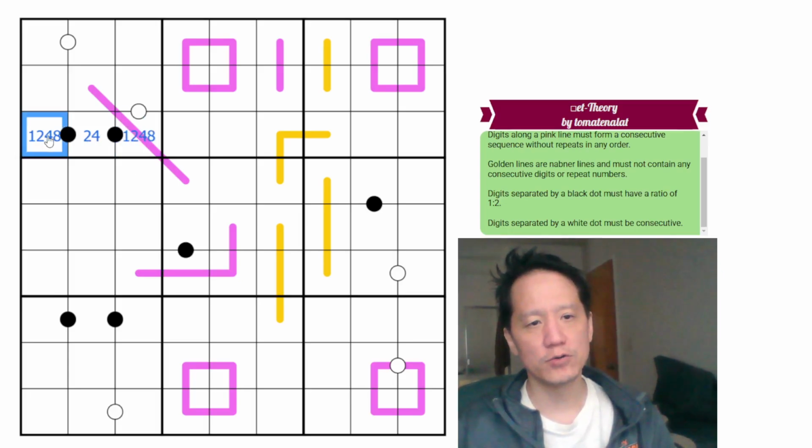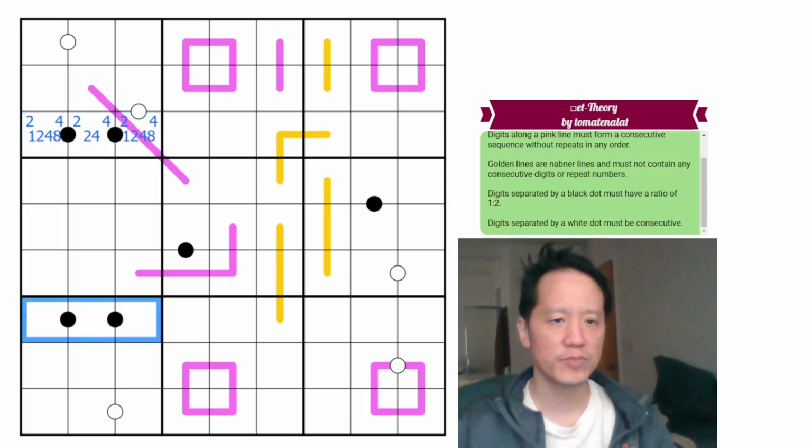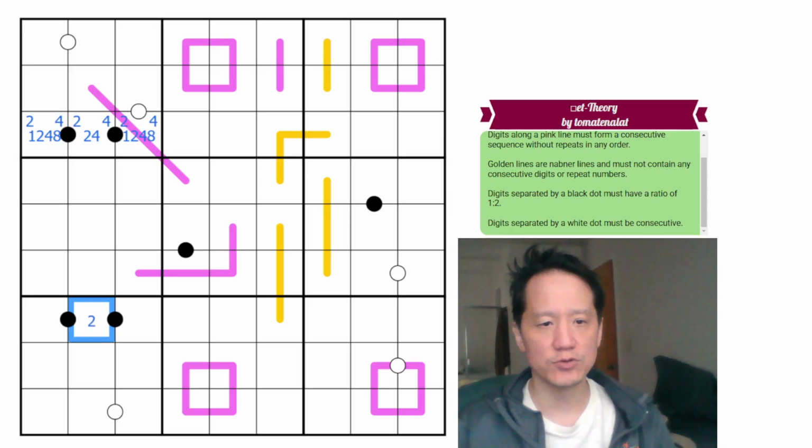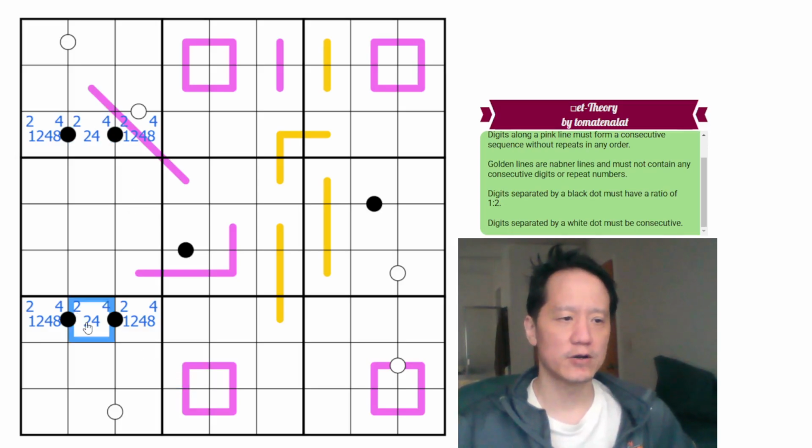Well, we know that 2 and 4 in the row and in the box have to be in those 3 cells. Similarly, this is 2 and 4, and this is 1, 2, 4, 8. Well, that's interesting, actually. This says we have a 2, 4, 2, 4 pair here.